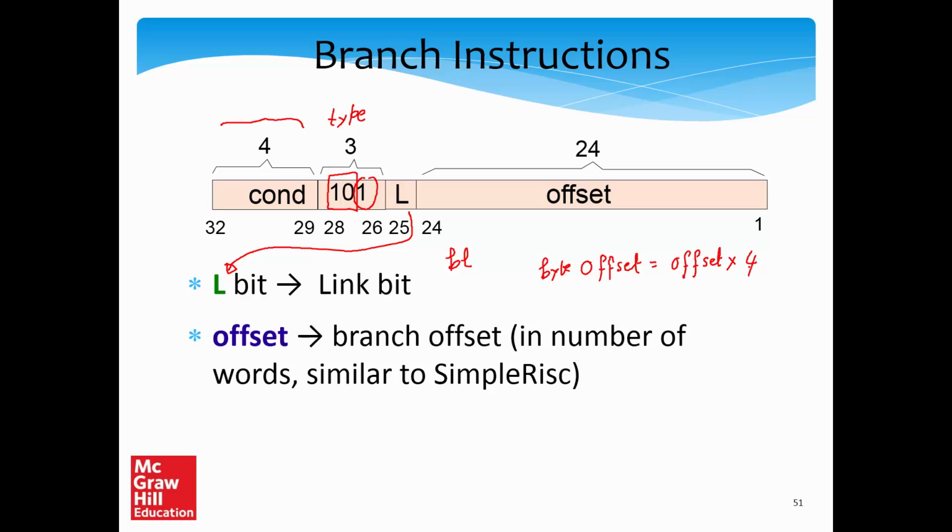This is very similar to simple RISC, because if we assume that every instruction starts at a boundary of 4 bytes, then the last two LSB bits are 0 and 0. So there is no need to specify an offset whose last 2 bits are always constant. Instead, let us specify the offset in terms of memory words. We'll essentially save 2 bits in this case.